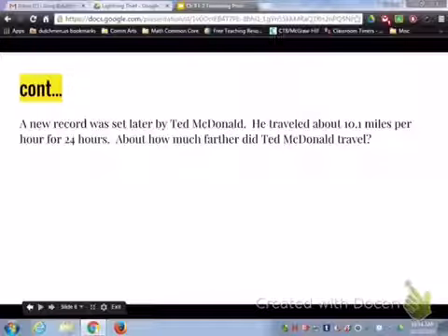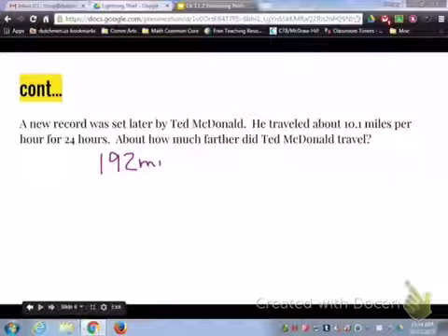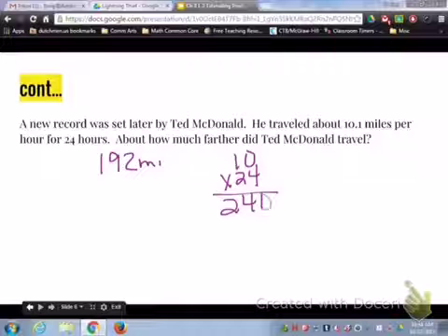We know that Peters traveled 192 miles in 24 hours. So if we estimate 10 1/10 for 24 hours, we would round to 10 because the 1 tells the 0 to stay the same. And then we multiply that times 24. We get 240 miles.